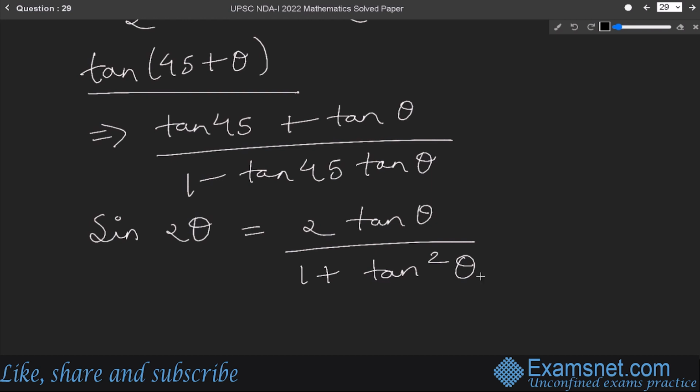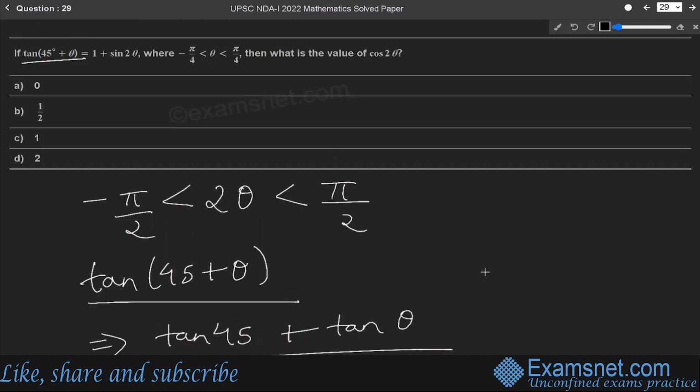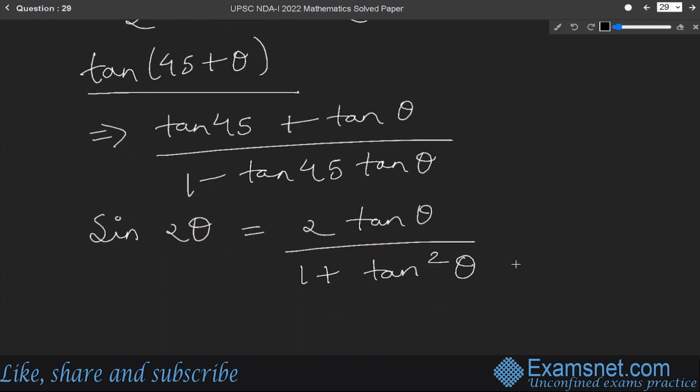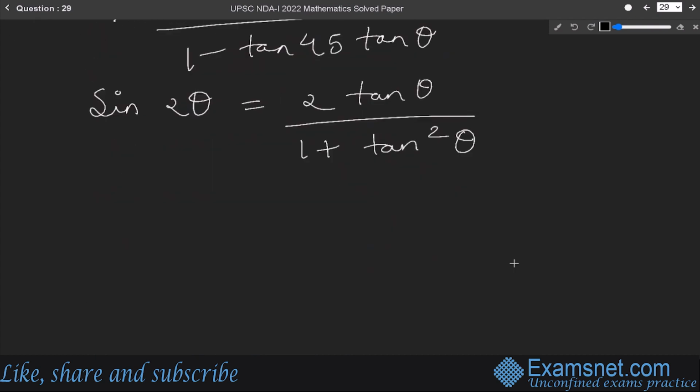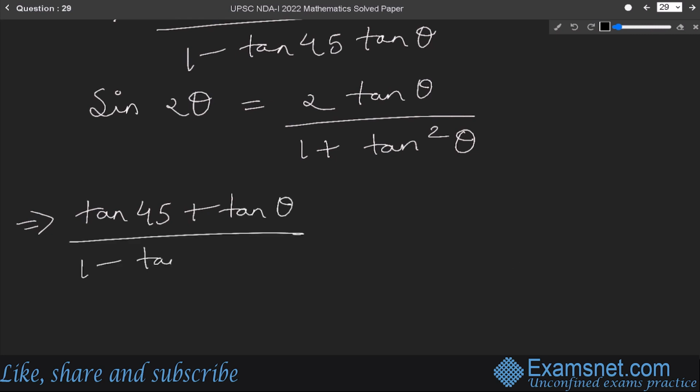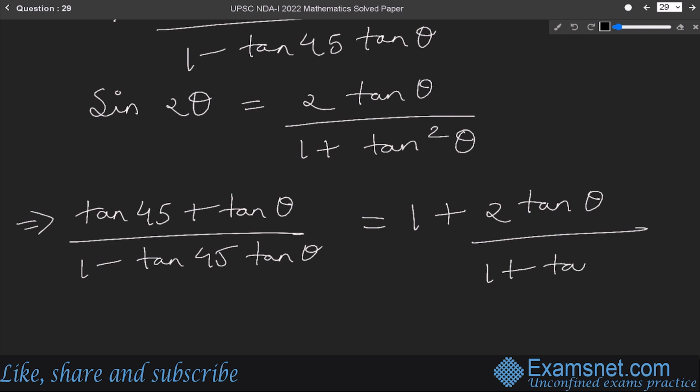Therefore, putting the value of sin 2 theta in the right hand side, you can see that the right hand side is 1 plus sin 2 theta. So here I will put the value of sin 2 theta. On the left hand side, we have already solved the formula for tan (a plus b), and we got tan 45 plus tan theta upon 1 minus tan 45 tan theta. Now I am putting 1 plus sin 2 theta, where sin 2 theta is equal to 2 tan theta upon 1 plus tan square theta.